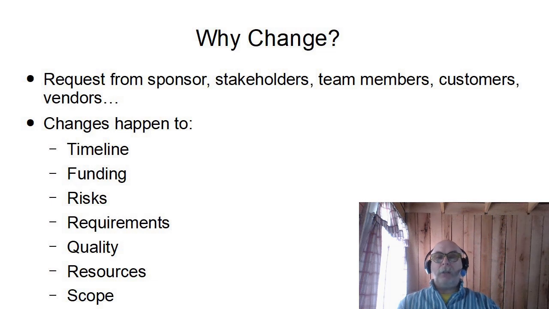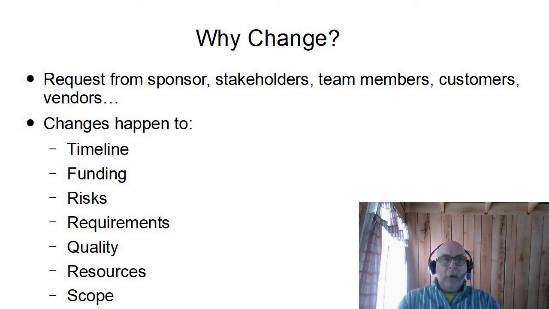So why are there changes? Well, the sponsor may tell you we need to change some money, we need to change timeline. The stakeholders may say, you know what, we really need the project to do this also, or we don't need that anymore. The team members, as they're completing parts of the project, will say, this isn't right. We didn't specify this right initially. We need to change this. Or maybe there's a new piece of hardware that's coming out, or maybe something has been discontinued.